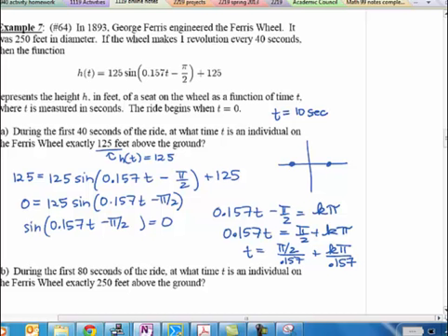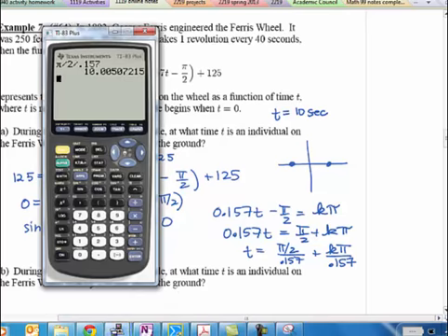And then if we add multiples of pi divided by 0.157, 30 seconds.